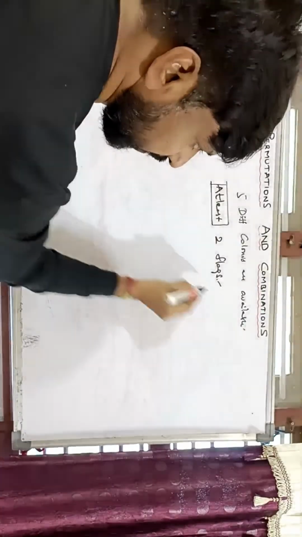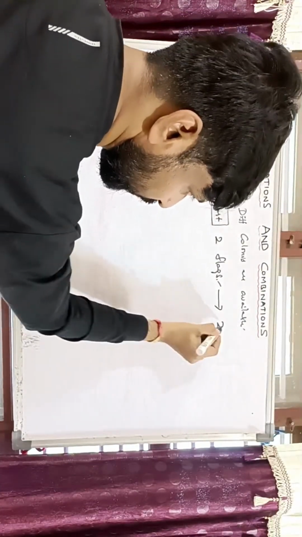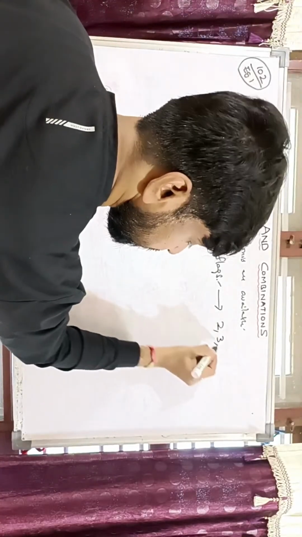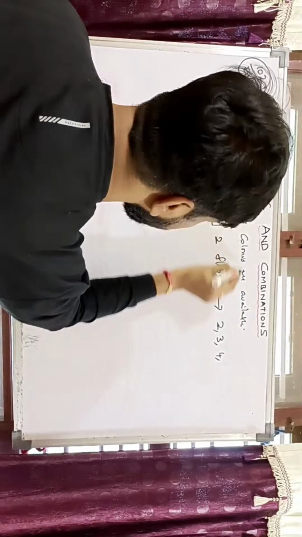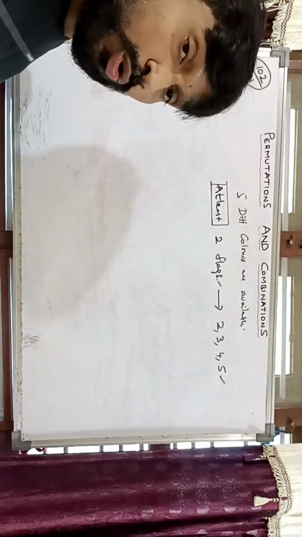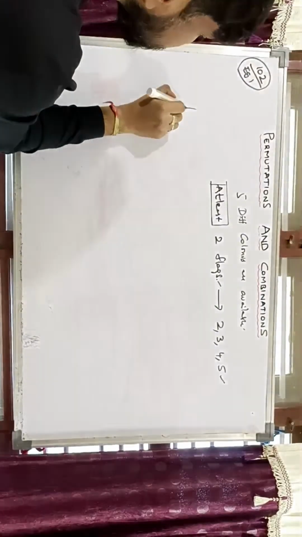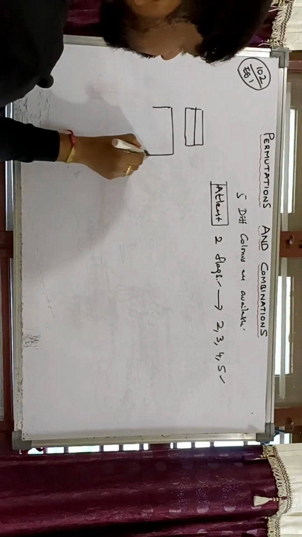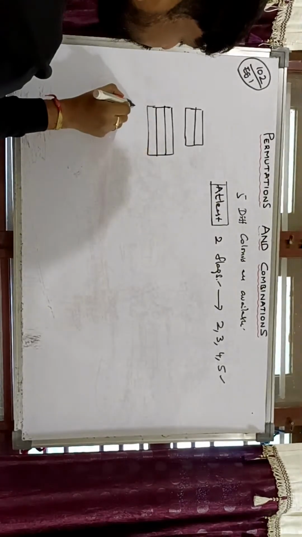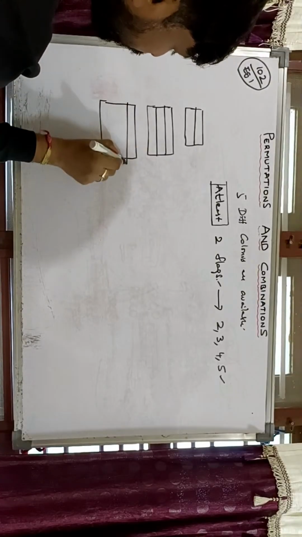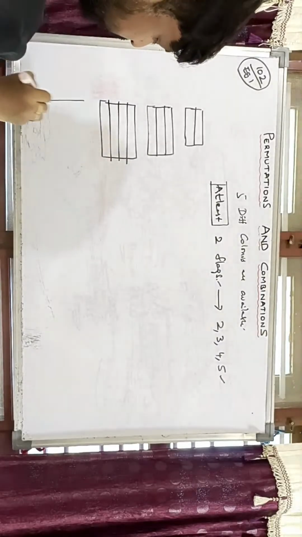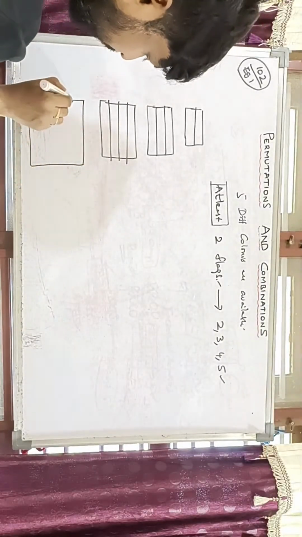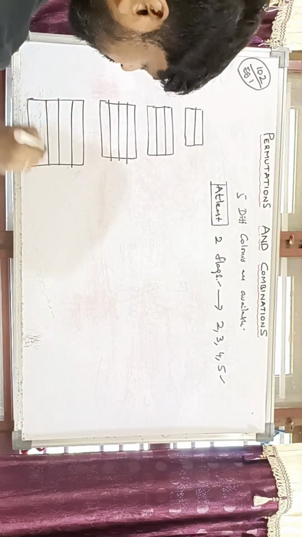At least 2 flags required, means you take the 2 flags case, 3 flags case, 4 flags case, and the maximum number of different colors, the 5 flags case also. The 2 flags case means you create 2 boxes. The 3 flags case means 3 boxes. The 4 flags case means 1, 2, 3, 4 boxes. The 5 flags case means 1, 2, 3, 4, 5 boxes. So there are 5 ways to fill this box.